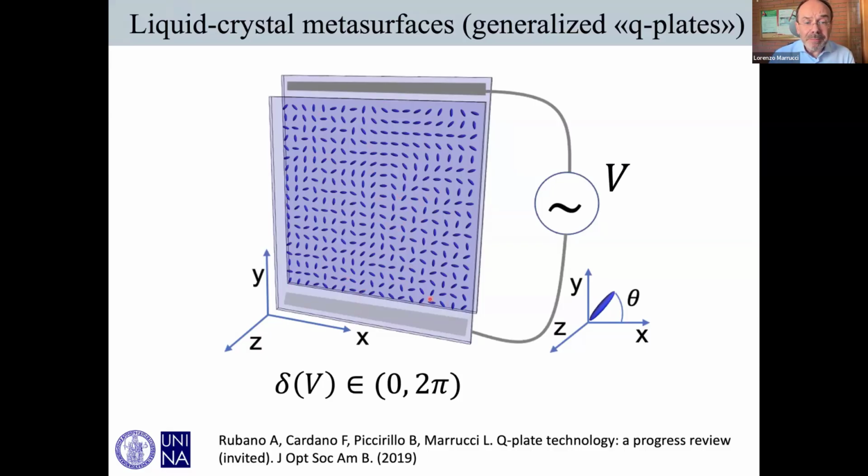The pattern can be arbitrary and written in the manufacturing stage. In addition to that, by using voltage, we can control the tilt of the molecules out of the XY plane, and this allows us to control the phase retardation of the birefringence.